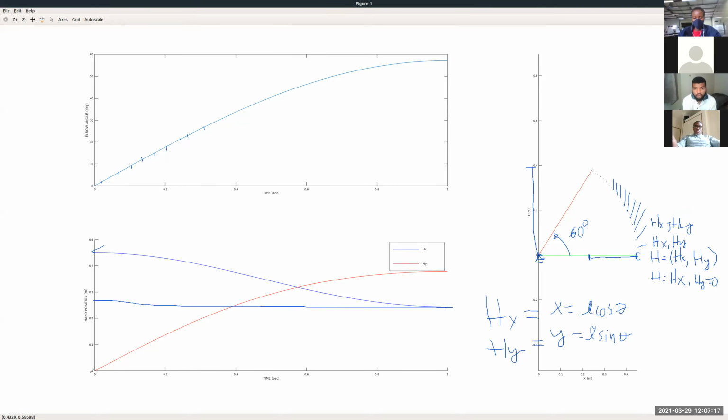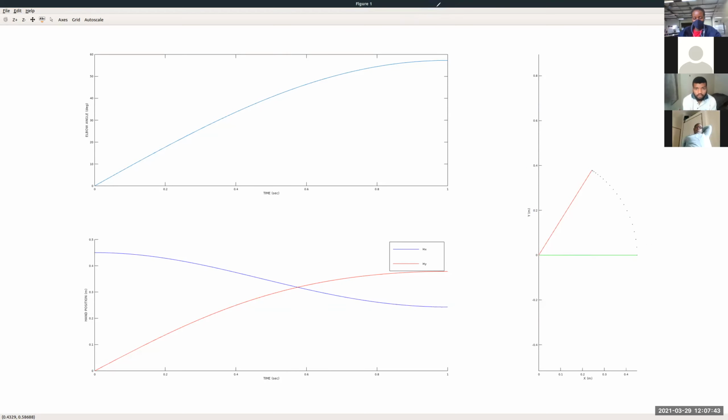So the HY starts from 0 and then it increases until this value. Okay, so if you track the position of the hand as the angle changes, this is the position of the hand about X, and this is the position of the hand about Y.